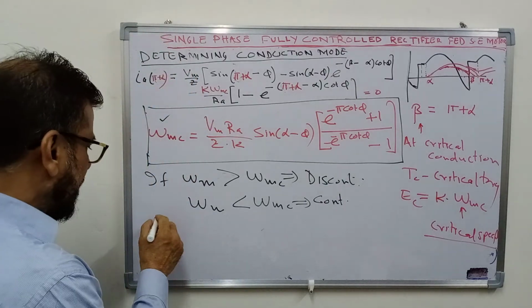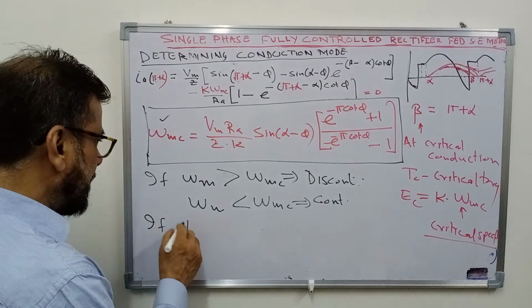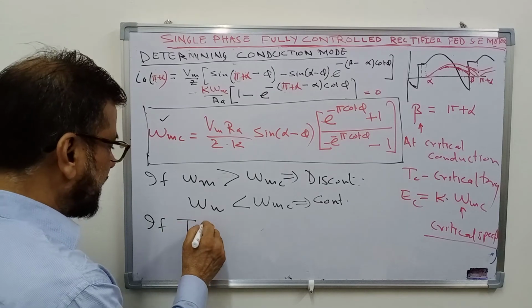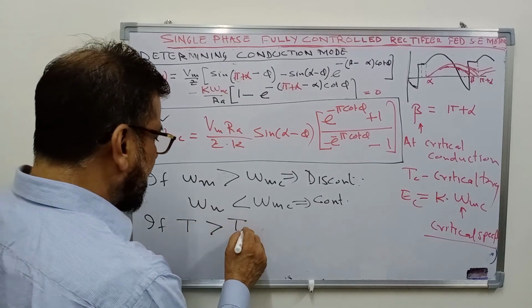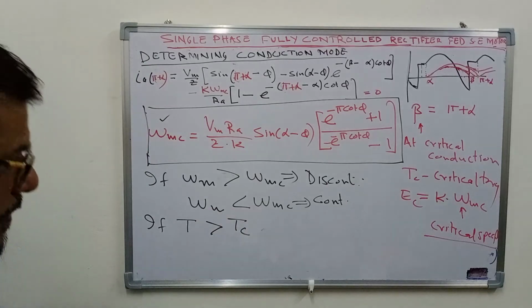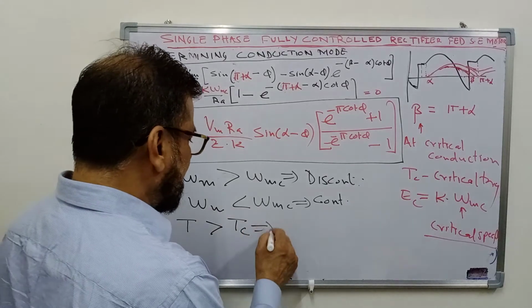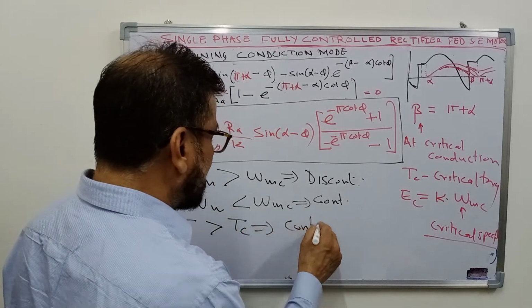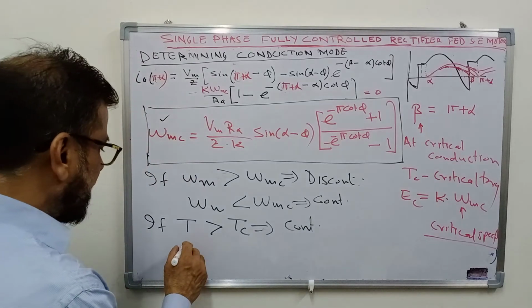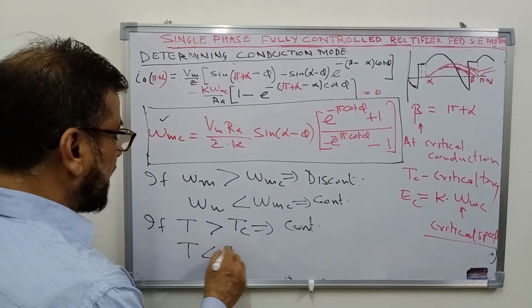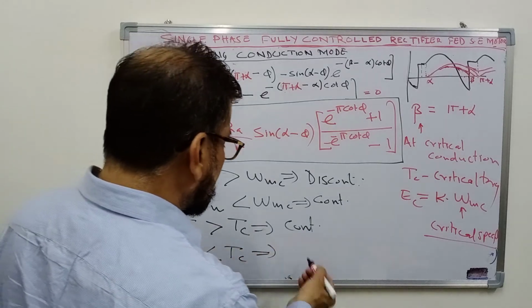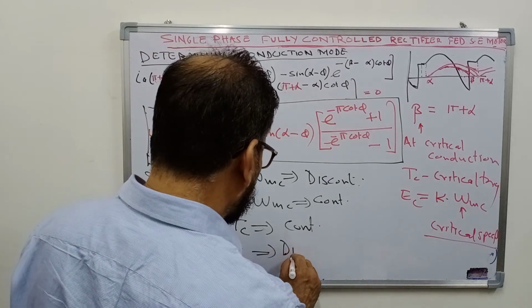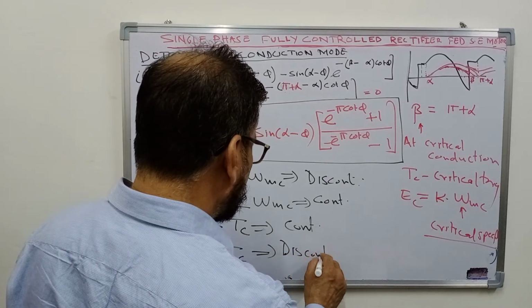Similarly, in some cases you can find out the torque. If the motor torque is greater than the critical torque, then conduction will be continuous. On the other hand, if the motor torque is less than critical torque, the conduction is discontinuous.